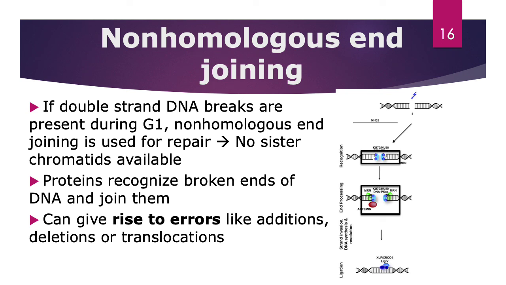The problem with this kind of end joining is that it can give rise to errors like additions, deletions, or translocations. In the figure shown to the right, in the boxes, we have the proteins that have recognized the double-stranded breaks in the DNA, and they will simply join them as is. It is not a foolproof method, but at least you won't have broken DNA.